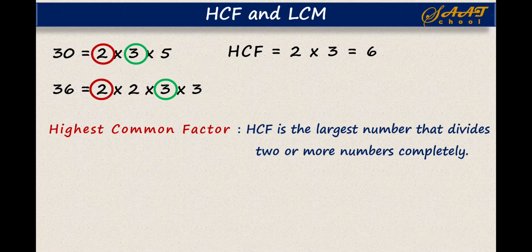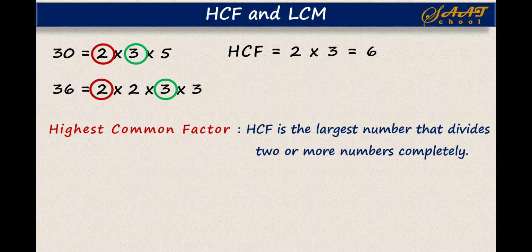Again, HCF is the highest common factor and the highest common factor between 30 and 36 is 6 because there are no more common factors between 30 and 36.